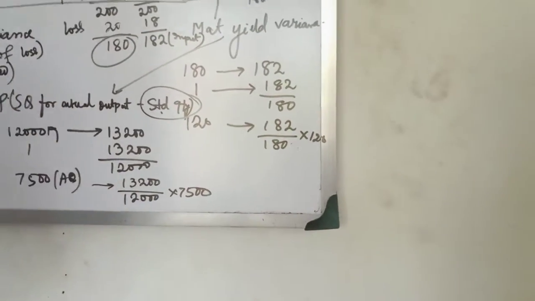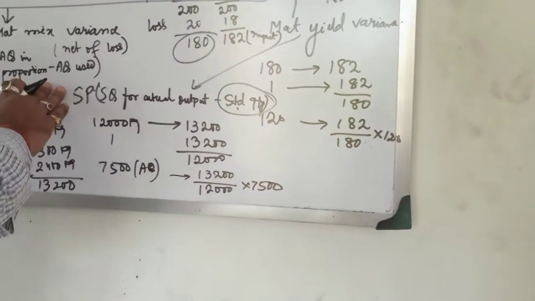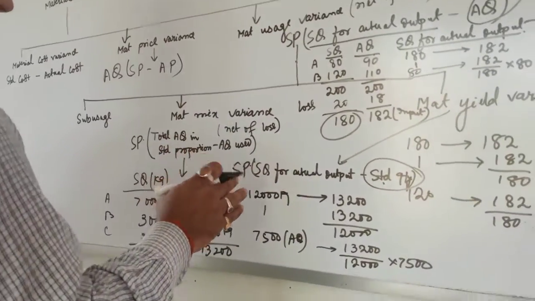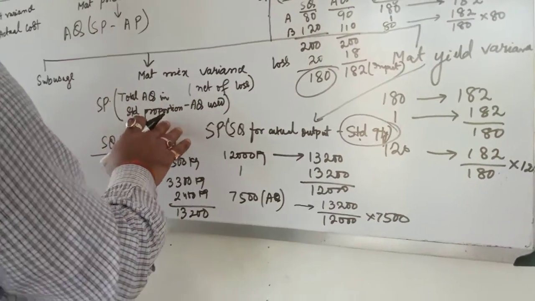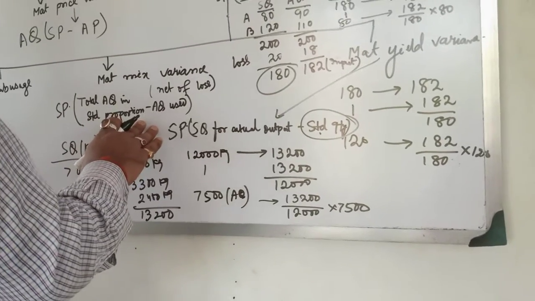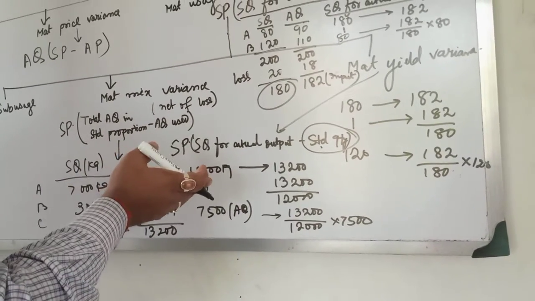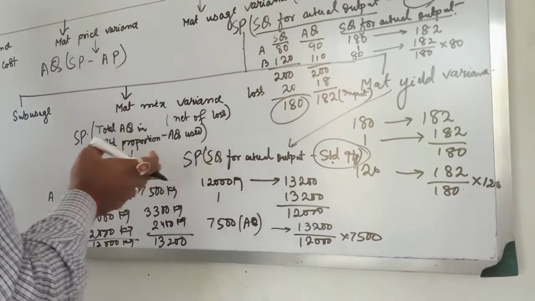If the actual quantity is already given in standard proportion, then you do not convert it, because it is already in standard proportion.